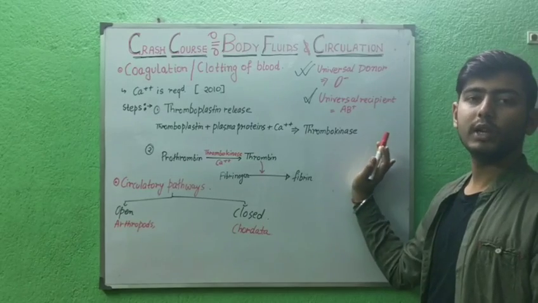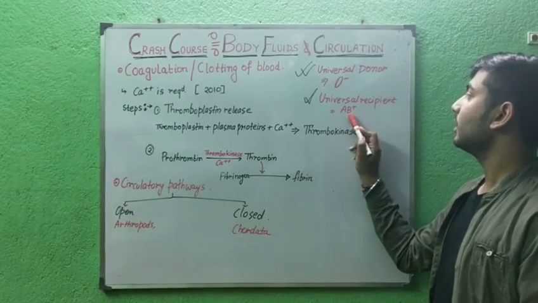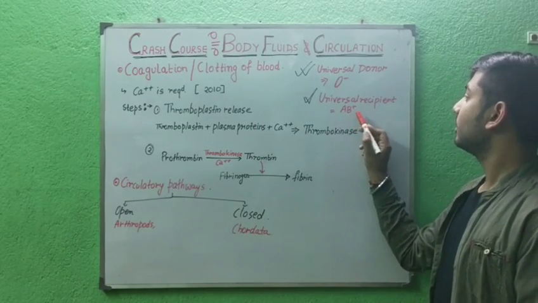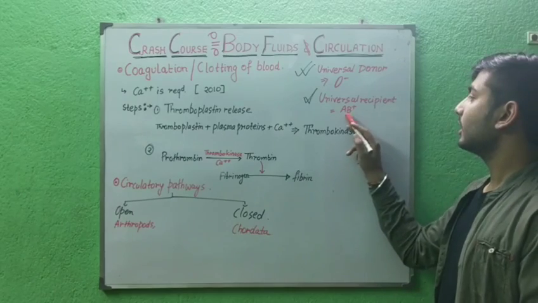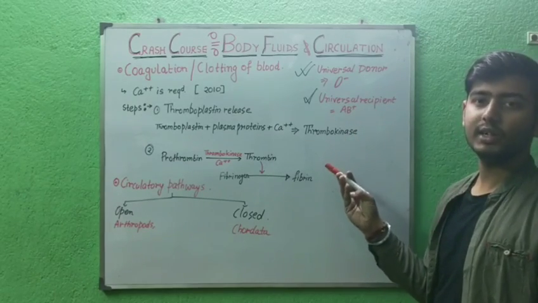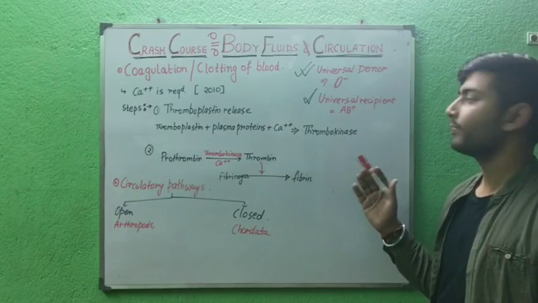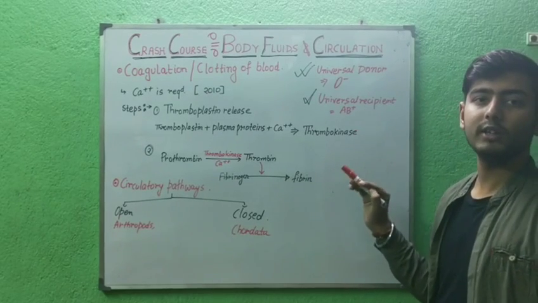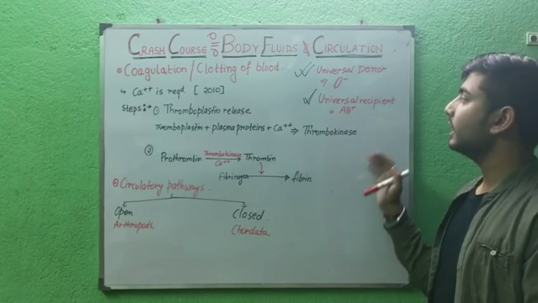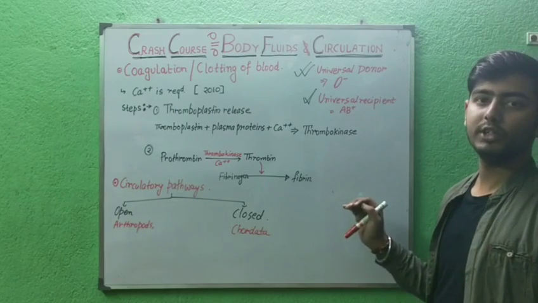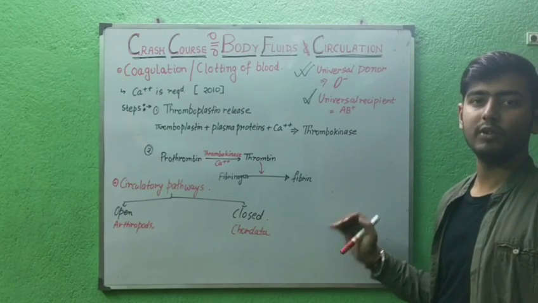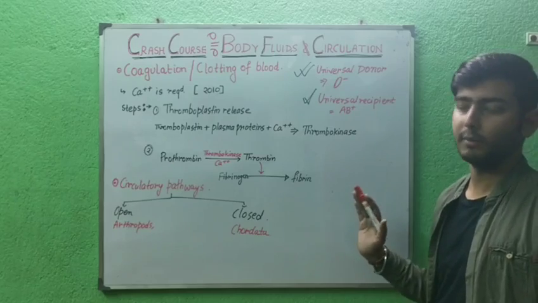You can visualize why: AB positive has the A antigen, the B antigen, and also the D antigen, that is positive for Rh. Hence there are no antibodies in their blood, so any different kind of blood given to an AB positive individual will not react or clump.